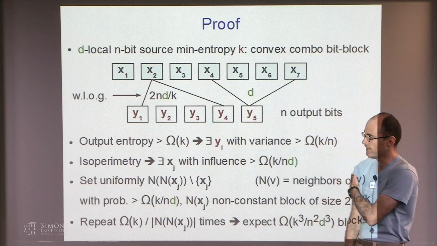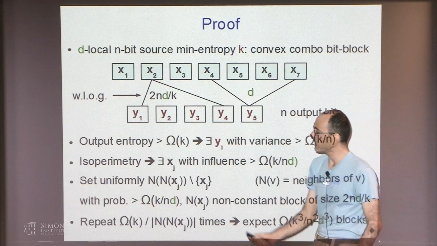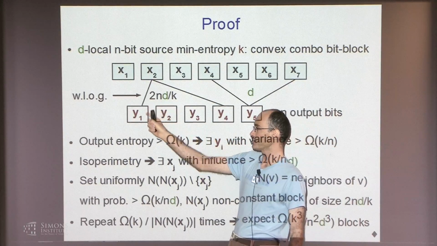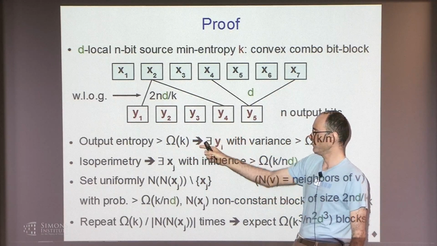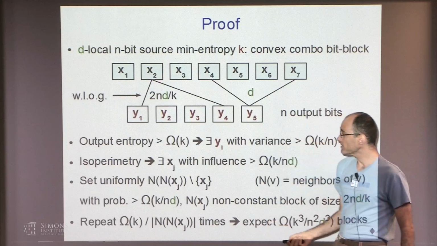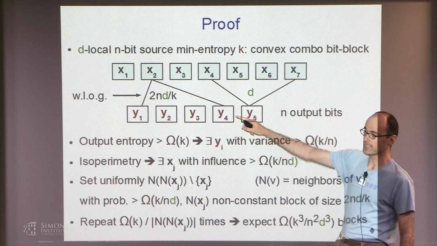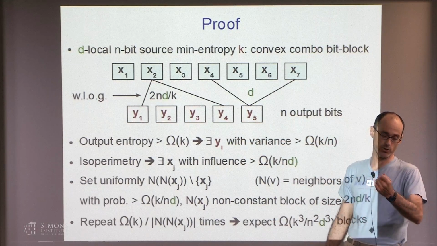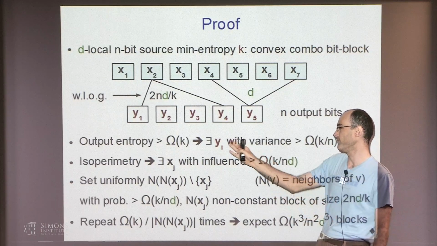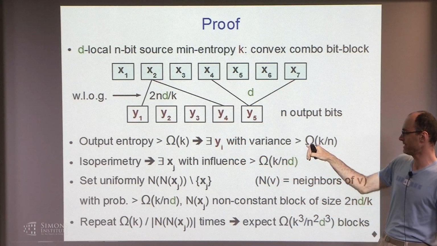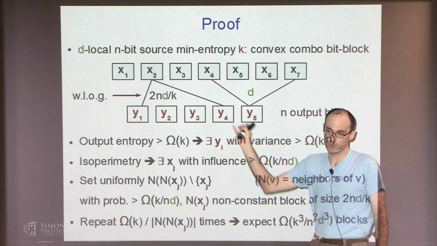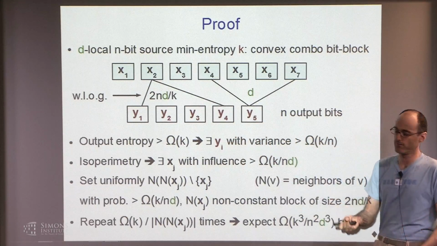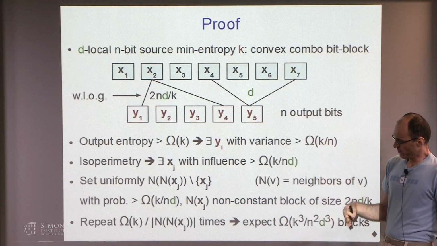And now the argument is this. So because the output entropy is still large, it's still omega k, it's k over 2 now, you can show that some of these bits here has to be somewhat uniform. Specifically, you can say that the variance is at least k over n. Because if you have k bits of entropy here, you have n bits, one of them to have variance k over n.